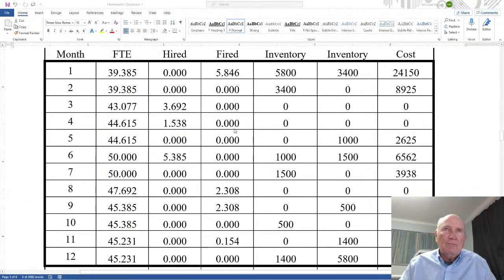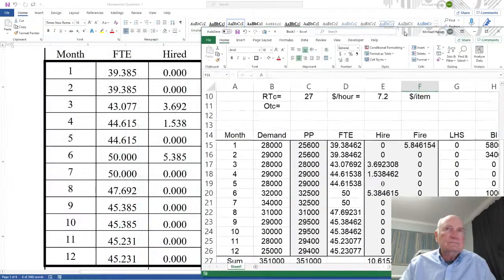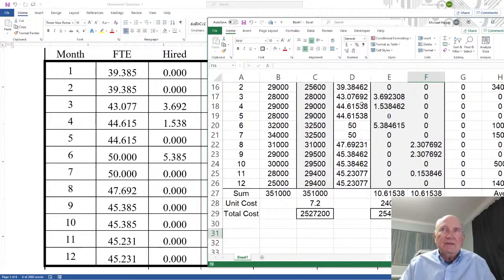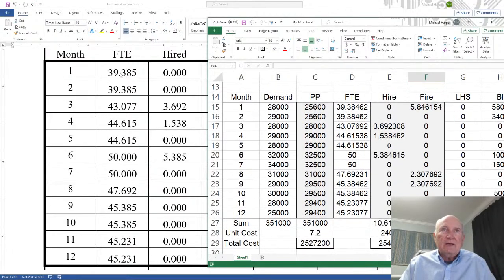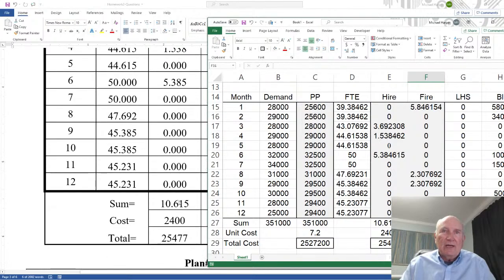By the way, let's look at my FTEs here. Here are my FTEs: 39, 39, 43, 44, 44. There they are, 50, 50, 50, 50, 47, 45. Yep, they're all there. This is rounded, but they're all there. Then down here we have 10, 6, 1, 24, 25, 4, 7, 7.